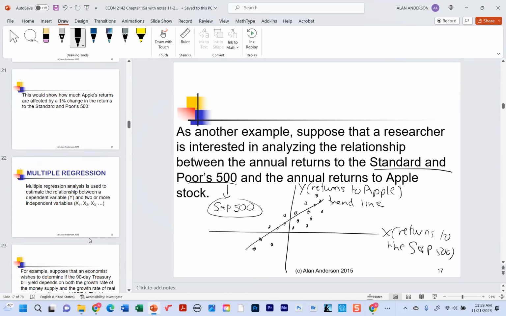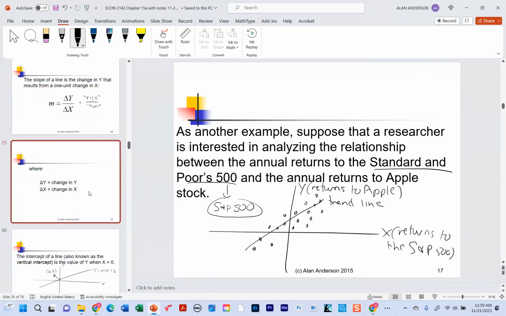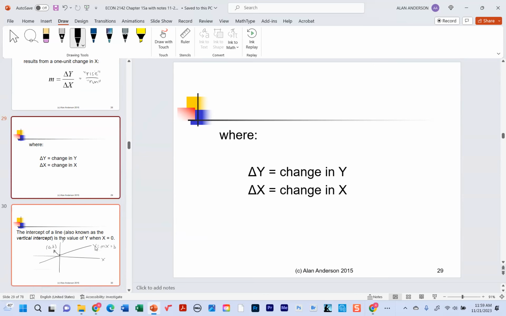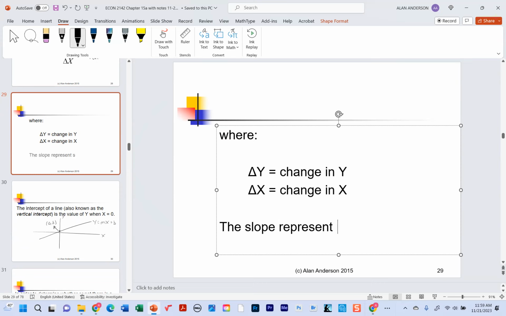So I will add that little discussion here. So ultimately, the slope represents the sensitivity of y to changes in x. That's ultimately what we're after.